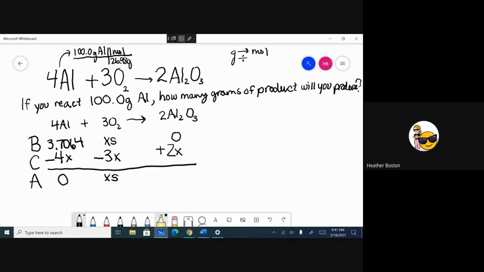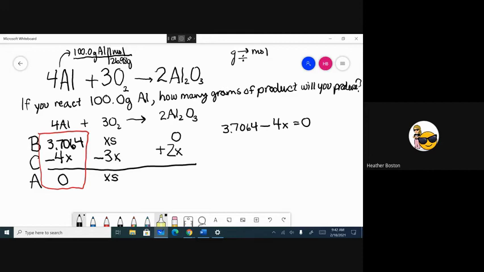So this is right here what I'm going to use to solve for X. So my problem becomes 3.7064 minus 4x equals 0. Now we're going to solve this like we do any algebra problem.